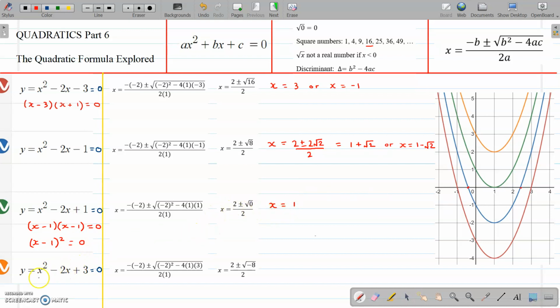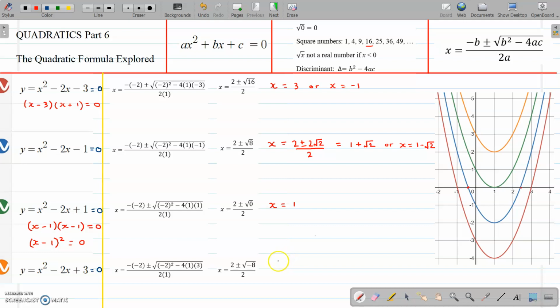Now finally we have this one where the graph's been moved up even further, and it appears to be up here in space, coming down as low as 2 but then going up again and never getting near or crossing or touching the x-axis. Well, that implies that it doesn't have any solutions or roots. Well, that's true in as much as it doesn't have any real solutions or roots.